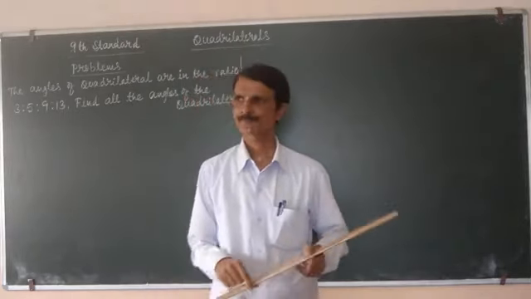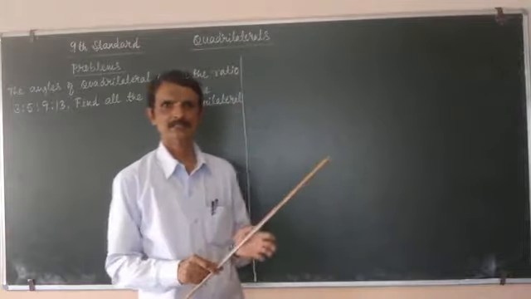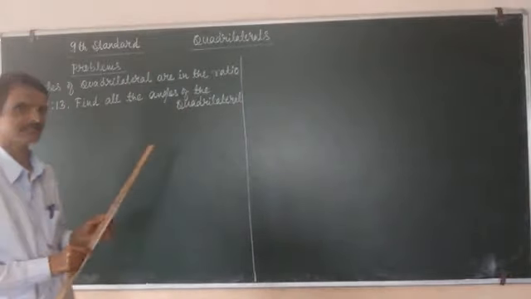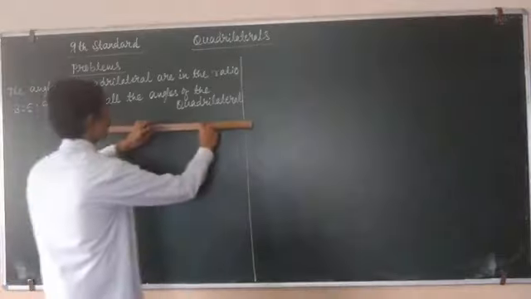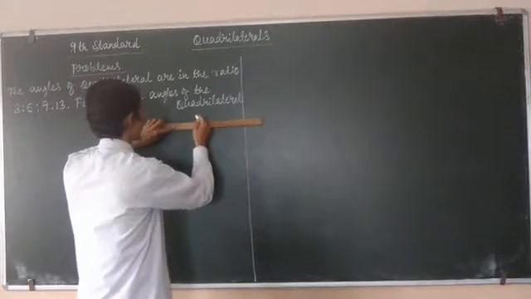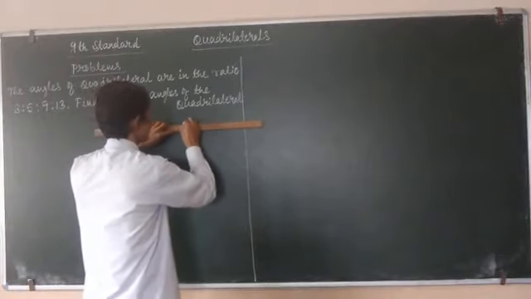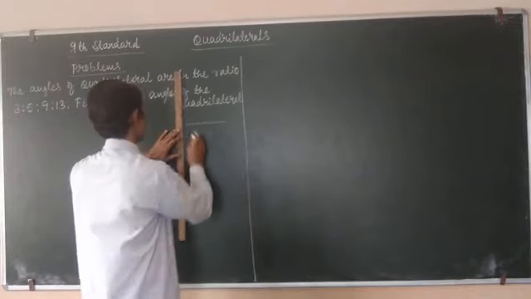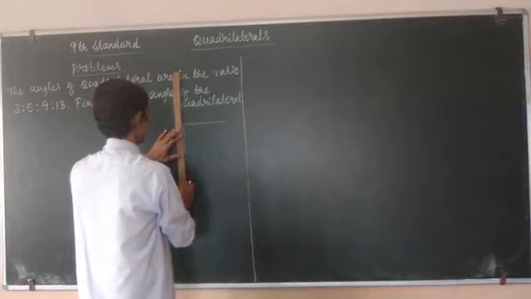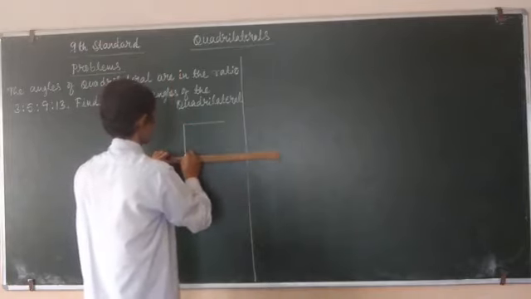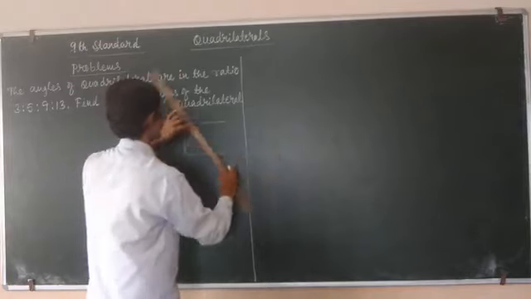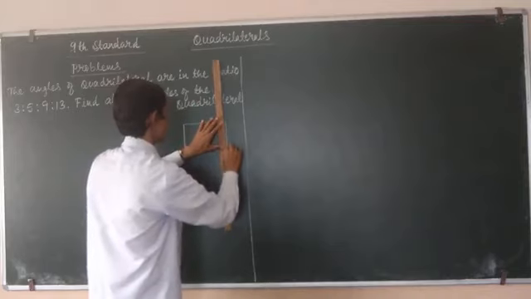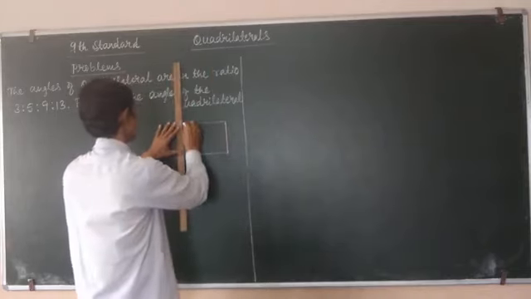Now, students, we will draw a rough sketch of the quadrilateral. It will help us simplify the problem very easily. So simply we can draw any type of quadrilateral. Take this as a quadrilateral.